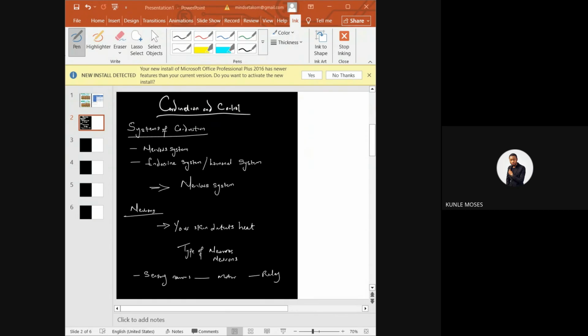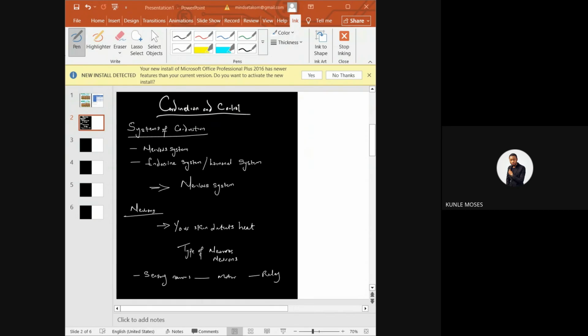So there are two things that the brain will do. Once the sensory neuron sends a message to the brain, it will first process the information, and the next thing it will do is send a command, a response that you need to give to that thing.